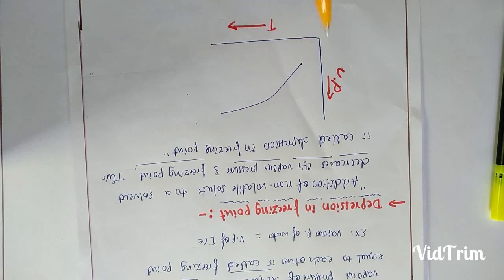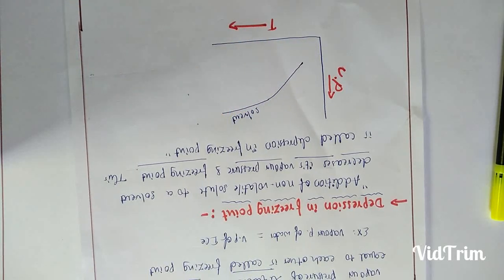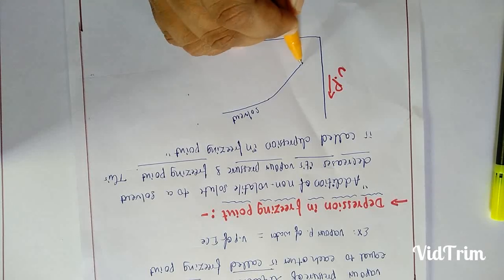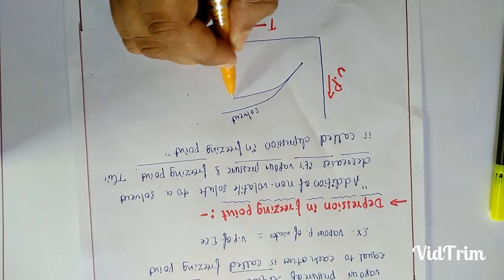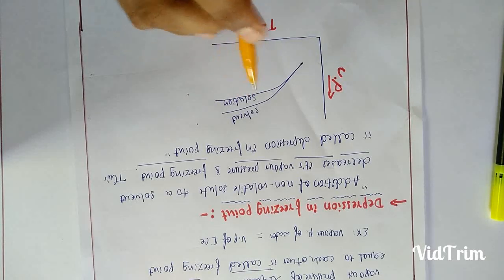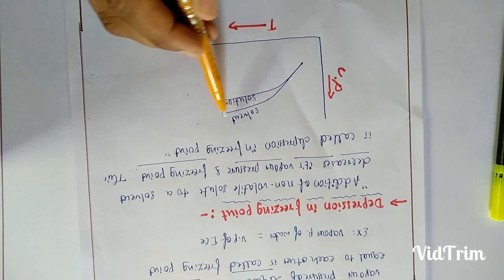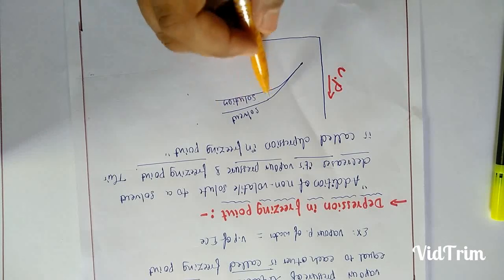And if you increase the temperature, the vapor pressure of the solution also increases like this. This curve indicates the vapor pressure of the solution, and this curve indicates the vapor pressure of the solvent.